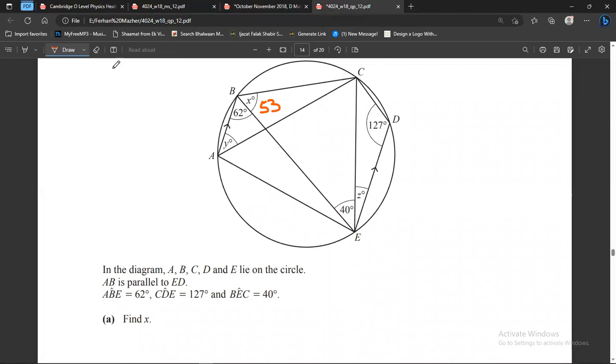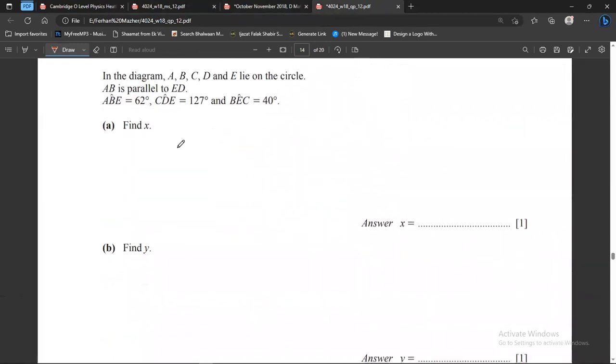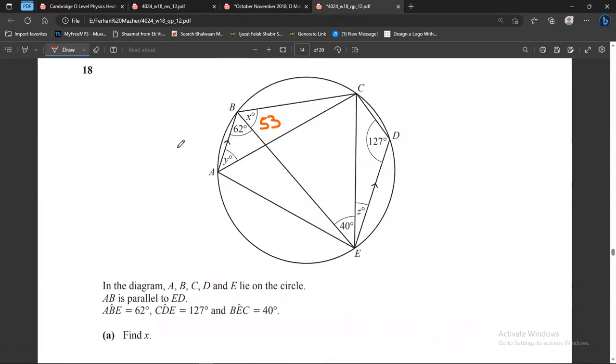Now, the next part is find the value of Y. You see the Y, BC came to the circumference at A, the angle is Y. The BC chord came to the circumference at the point E, the angle is 40.